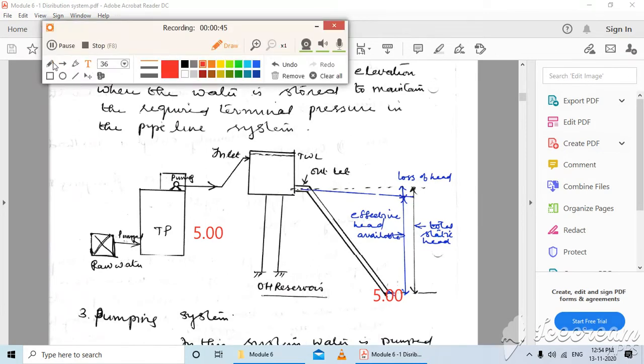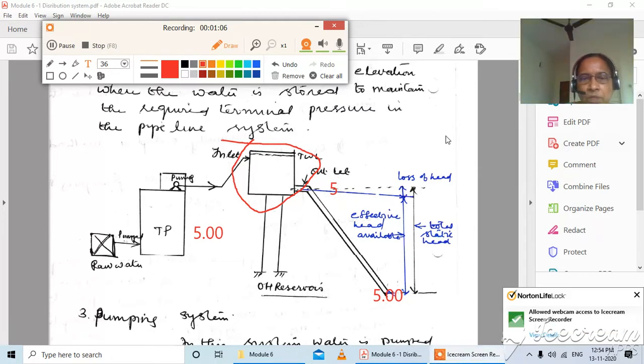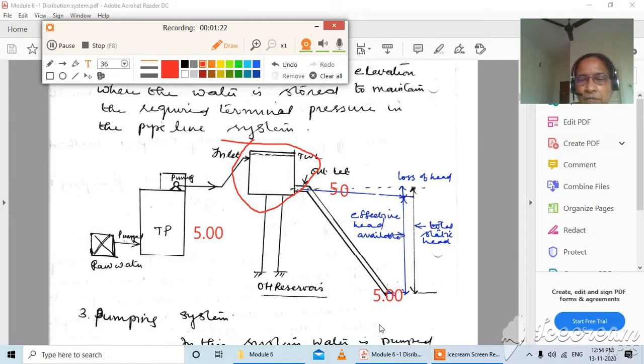So we have constructed another elevated reservoir, where the ground level or the floor level at this particular point is, say, 50. Here it is 50. That means you are supplying water from an elevation of 50 down to the point where again the ground level is 5.